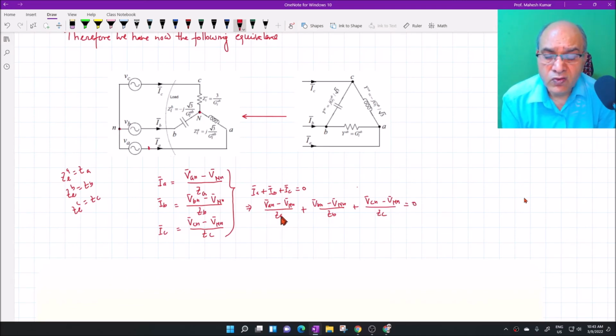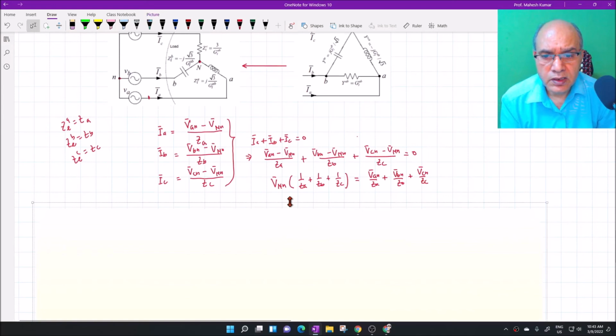So we will find out the neutral voltage. We take this common factor in all, so this becomes VNN into (1 by ZA plus 1 by ZB plus 1 by ZC) equal to VAN by ZA plus VBN by ZB plus VCN by ZC.